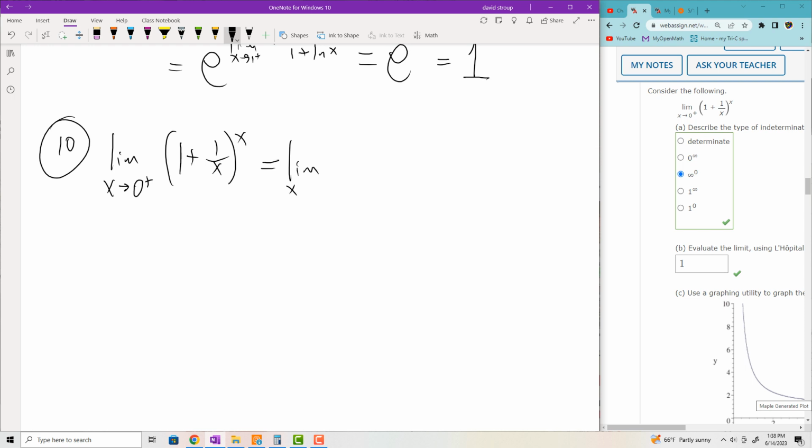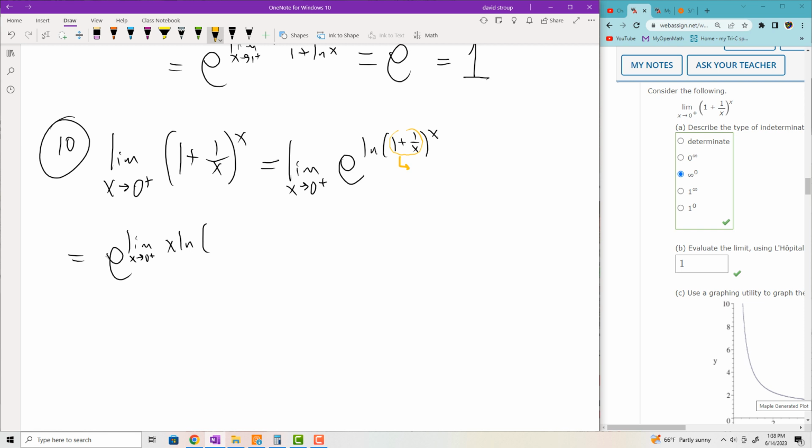So you're going to turn it into the limit of the exponent e raised to the ln of 1 plus 1 all over x to the x, and then you do the power rule and bring the limit into the exponent.